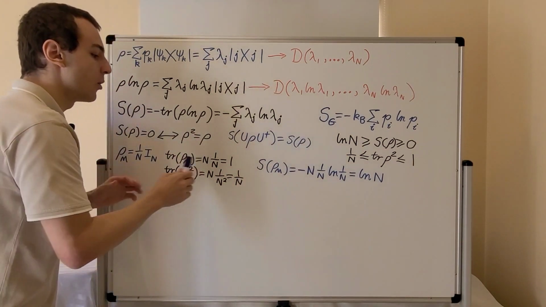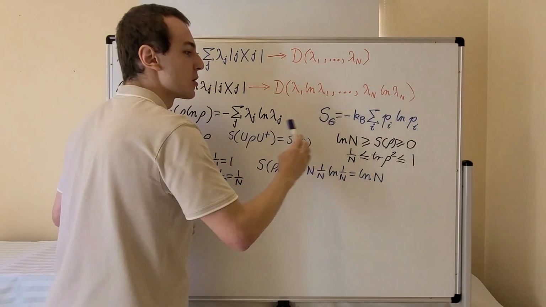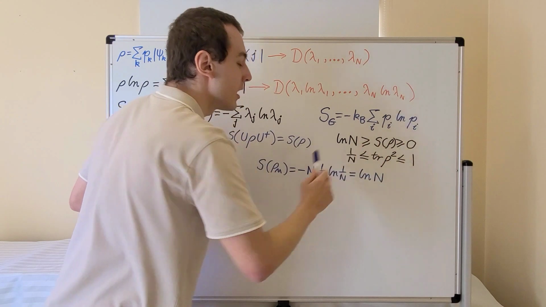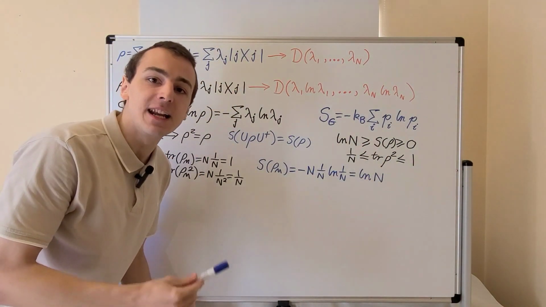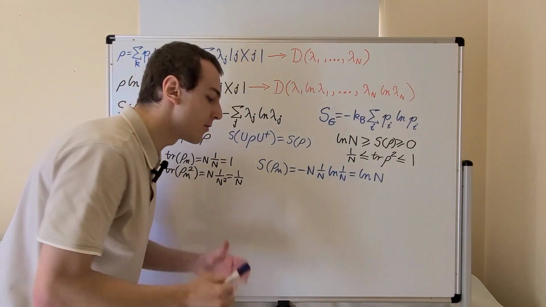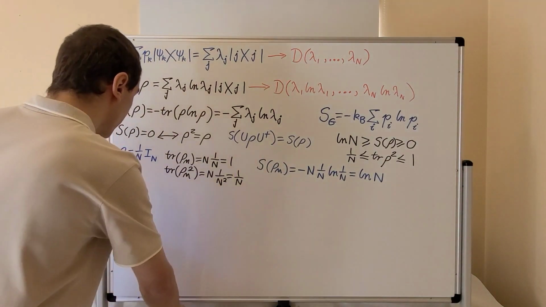Now that we've seen the von Neumann entropy, and we've also compared it to the Gibbs entropy over here, let's define the Shannon entropy from classical information theory. So I'll define that down here.